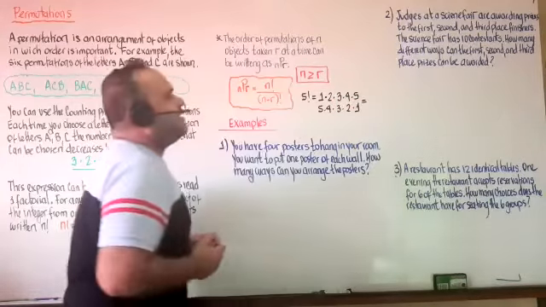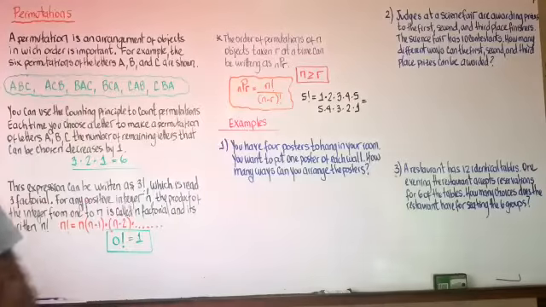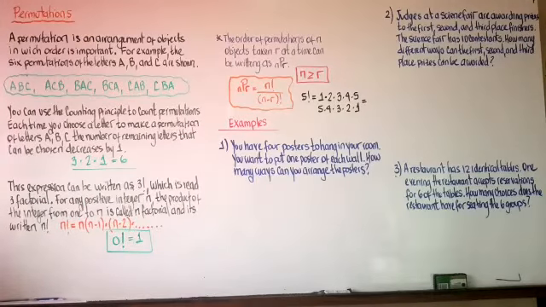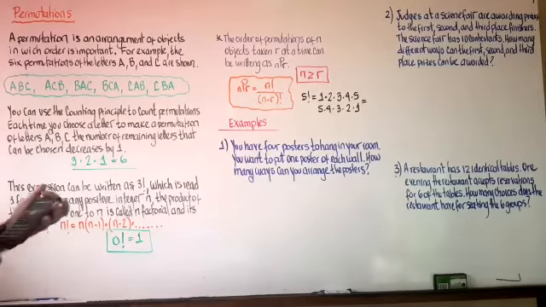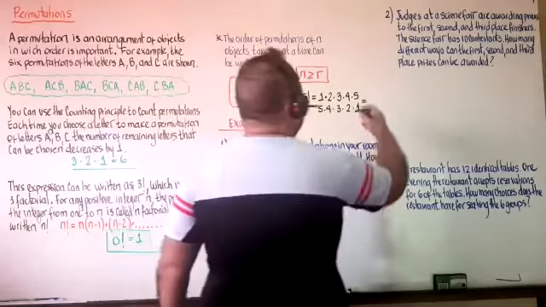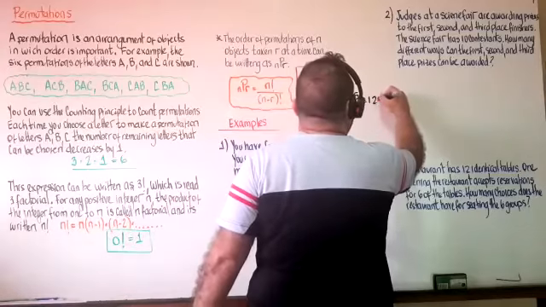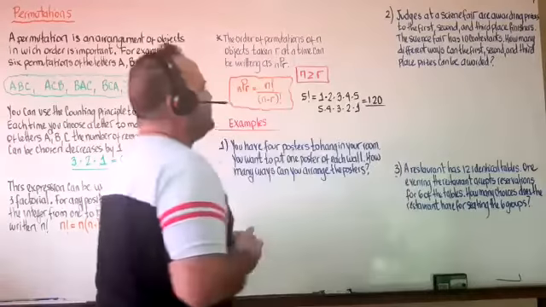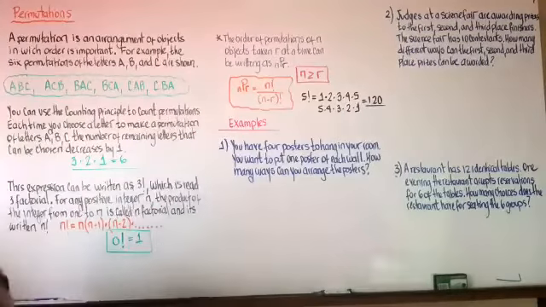It doesn't matter which order we use, at the end the result will be the same. So in this situation it will be 120. This is the final result, and this is what I was explaining about the factorial concept.